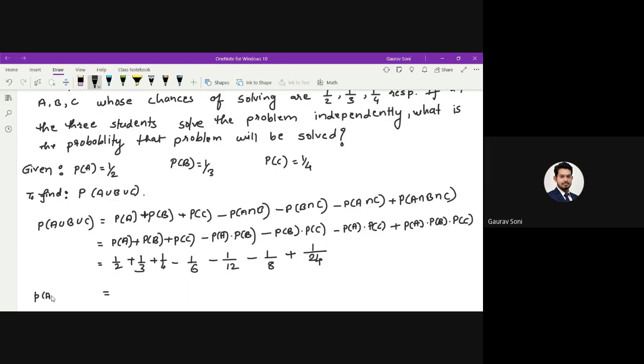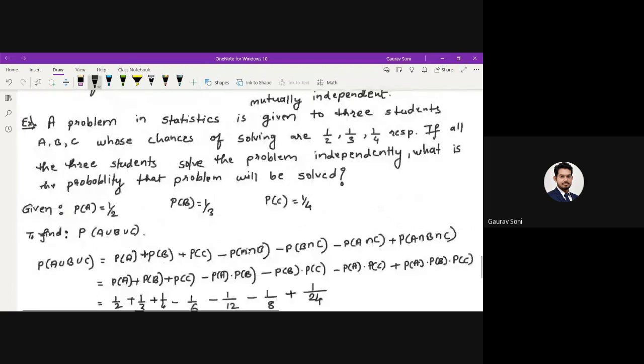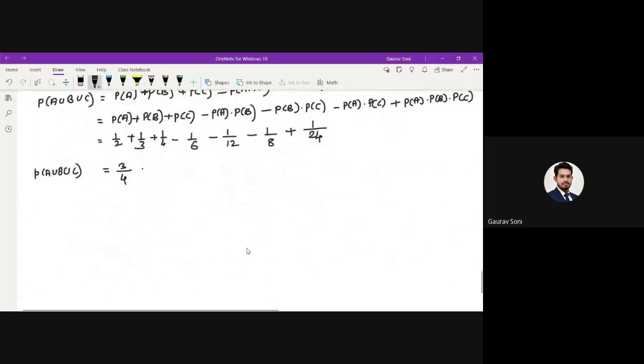Probability of A union B union C, 29 by 32. I think it is 3 by 4. Can check it later. Fine.